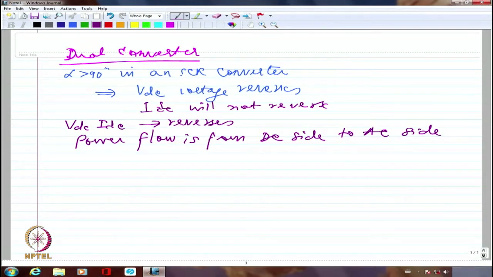Rather than working as a motor, it will start working as a generator, because of which the power could be fed back to the AC mains, provided we make the converter conducive for feeding back the power from the DC side to AC side. For that we said alpha has to be greater than 90.